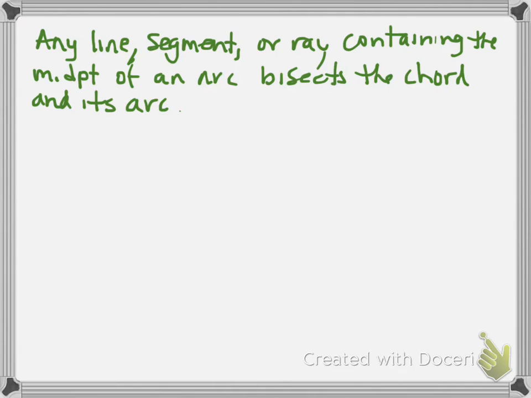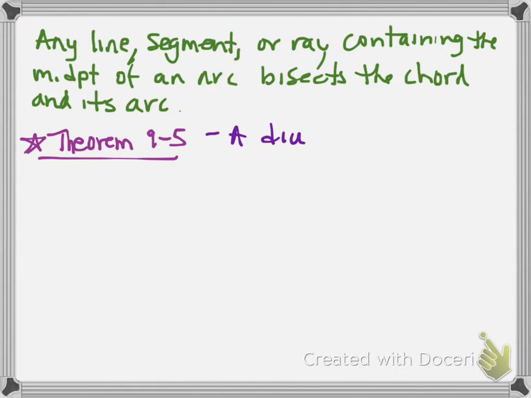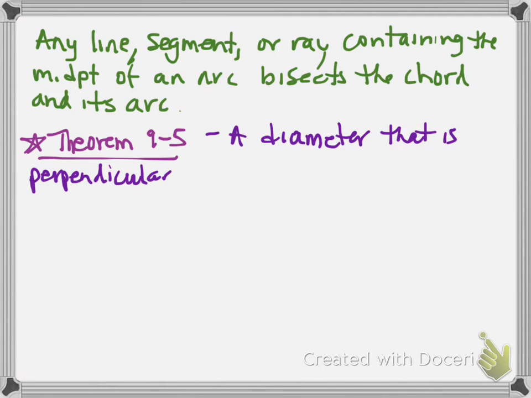and then here's our next theorem, 9-5. And it says a diameter that is perpendicular to a chord bisects the chord and its arc.